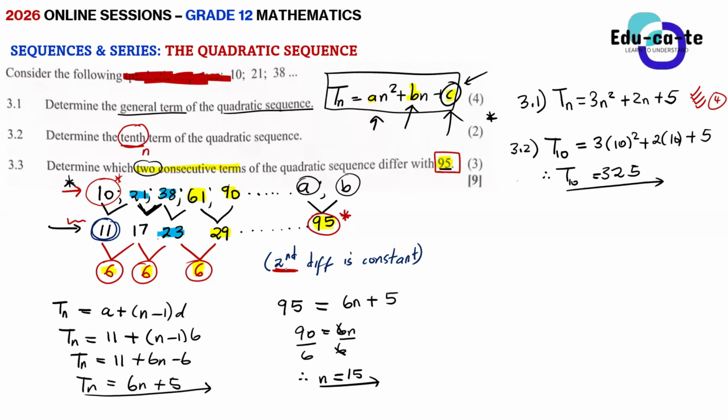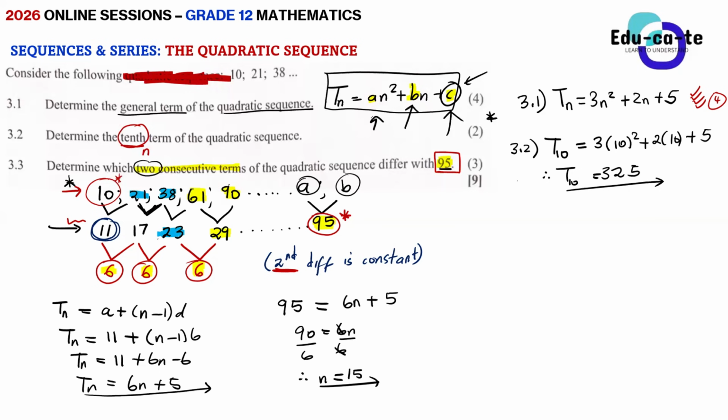Are you guys stuck? Sam? I'm still busy with it, sir. Angel? So okay, what I did, I used the quadratic sequence, and then I substituted because I'm not sure which terms I'm looking for.